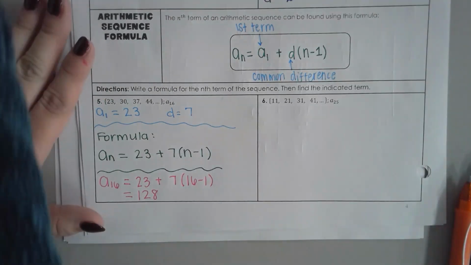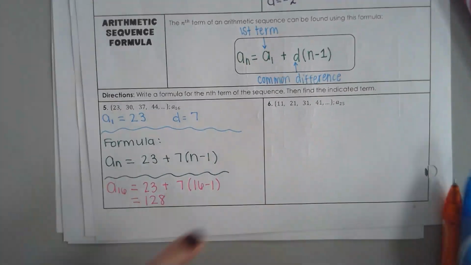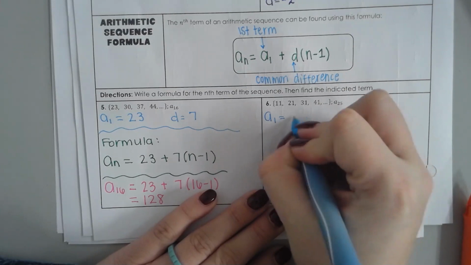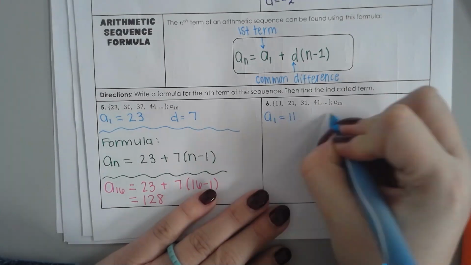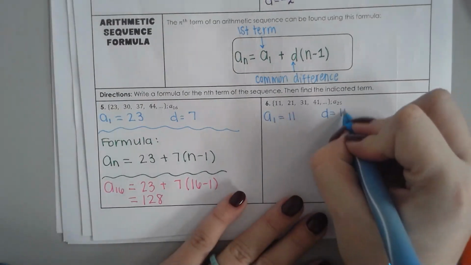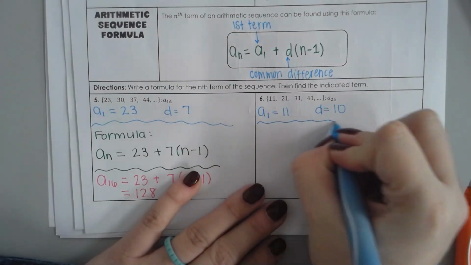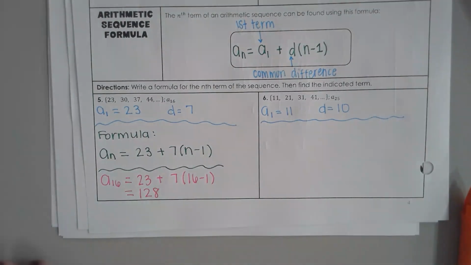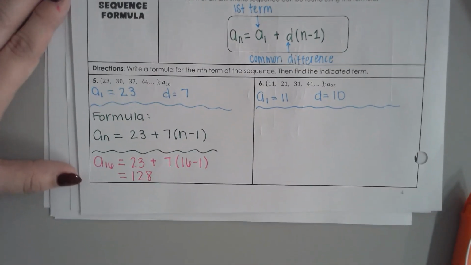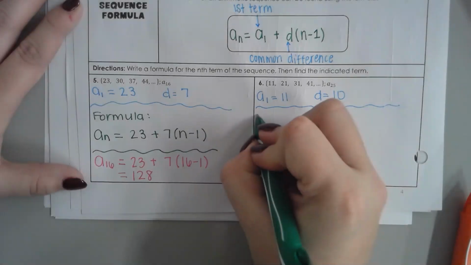So let's look at number 6. What is my A1? 11. And my common difference? 10. Very good. So we're going to write the formula.